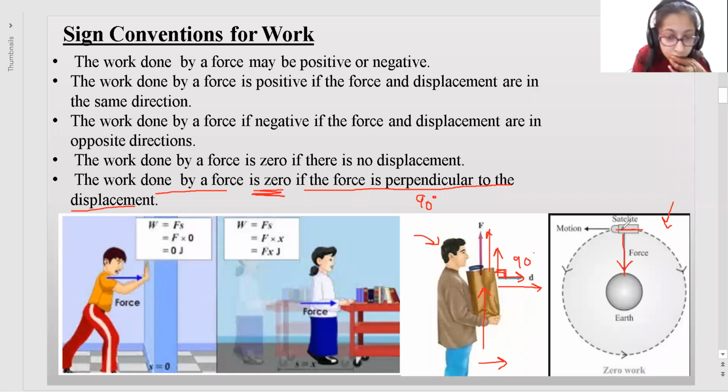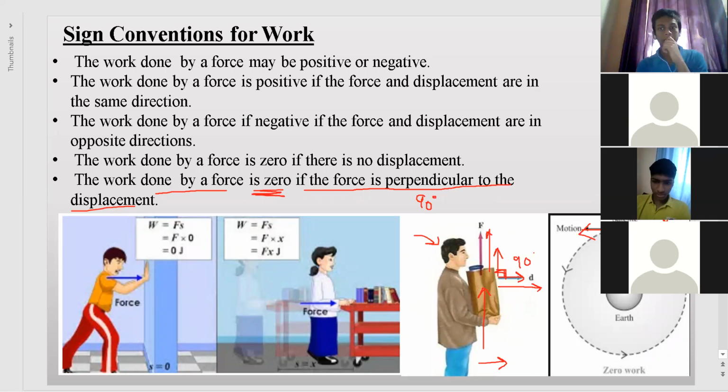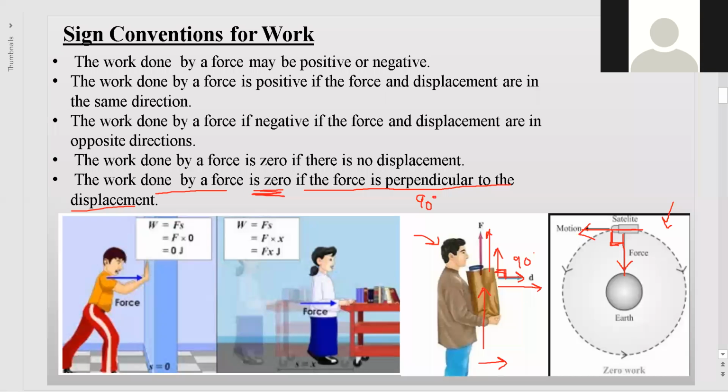So the direction of the tangent will be this. Here also we can see that the angle between these two is 90 degrees, which means they are perpendicular to each other. So even here, if it is asked what is the work done by gravitational force on the satellite, we will say that it is 0.